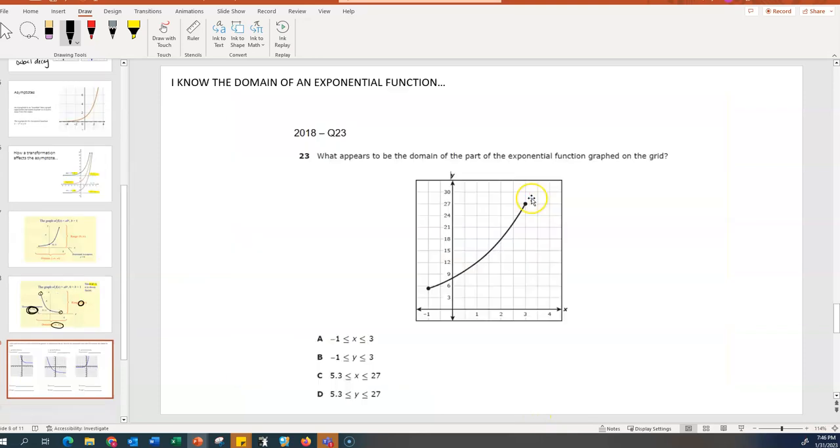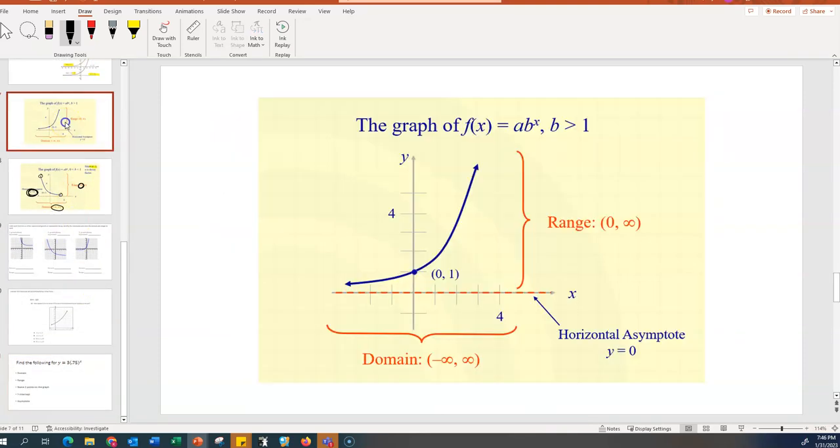So this is a decay factor. If we have a growth factor, again, our range here is still 0, because it approaches 0 but does not touch, and then it goes on to infinity, and then our domain is all real numbers.